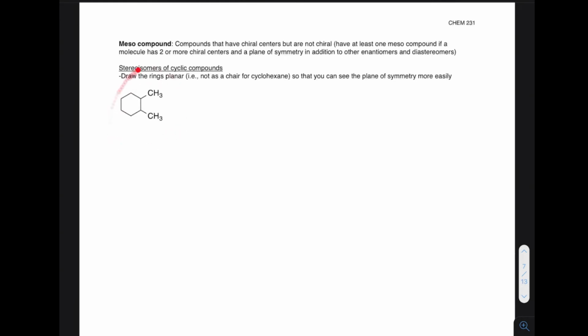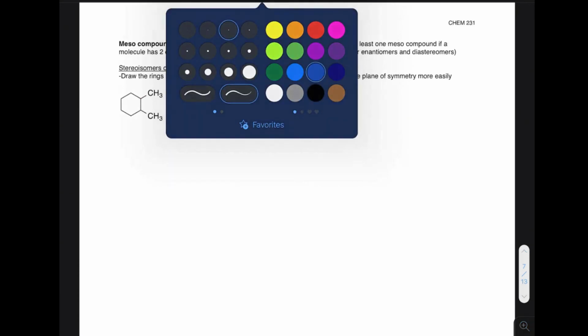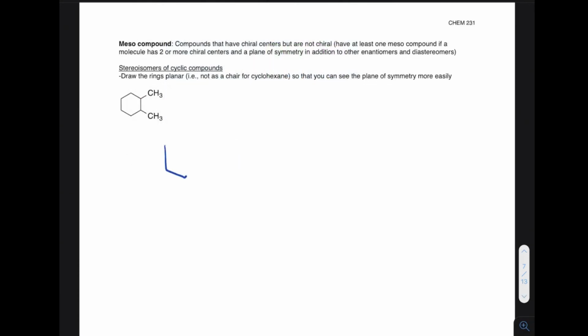So we have this cyclohexane here with 2 methyl groups. The wedges and dashes aren't drawn in yet, so we'll go ahead and do that. Looking at this first example, let's have the methyl groups on wedges.